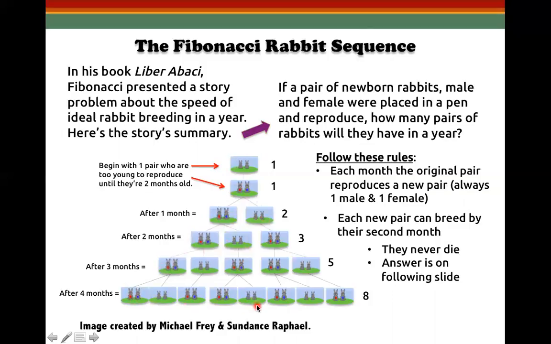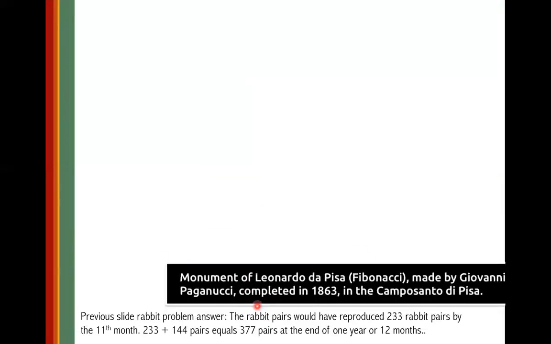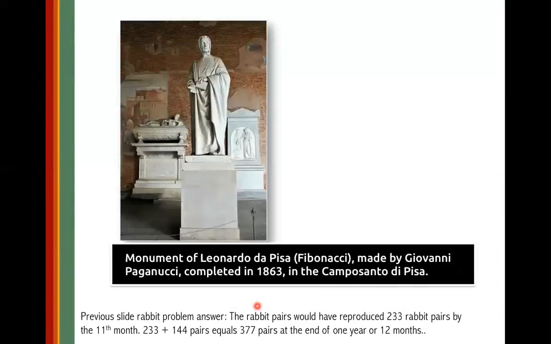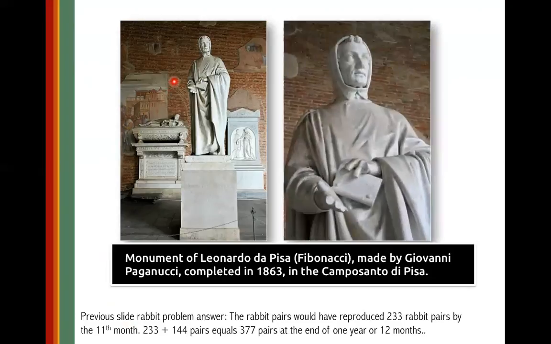After 4 months, 8 pairs. Here you can see the answer at the bottom. Here we have a monument of Leonardo of Pisa, Fibonacci, made by Giovanni Paganucci, completed in 1863 in the Camposanto di Pisa. And here's a close-up of the statue.